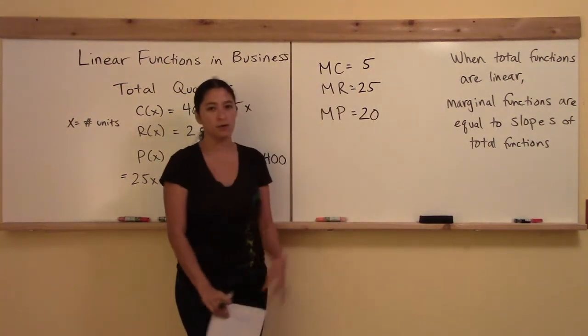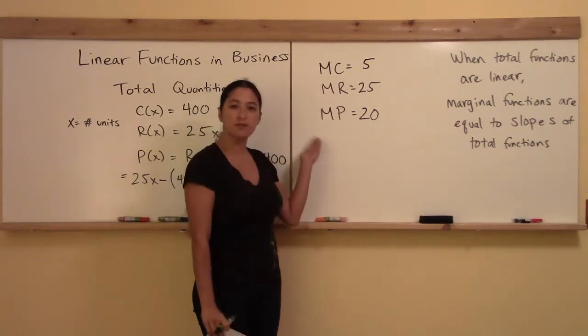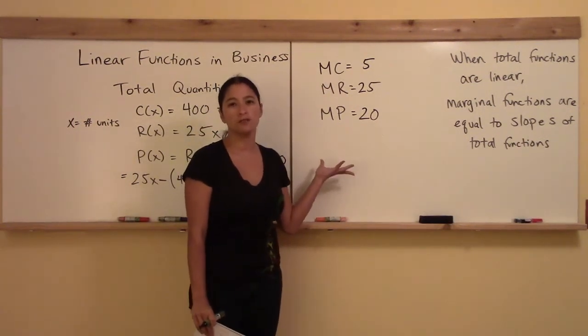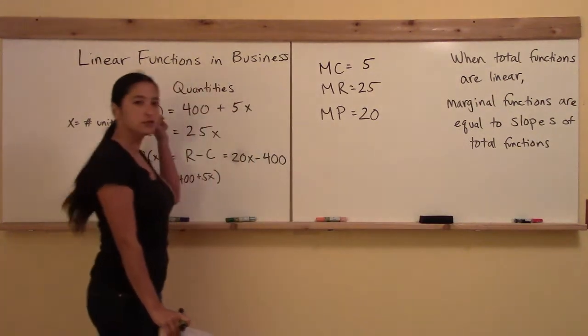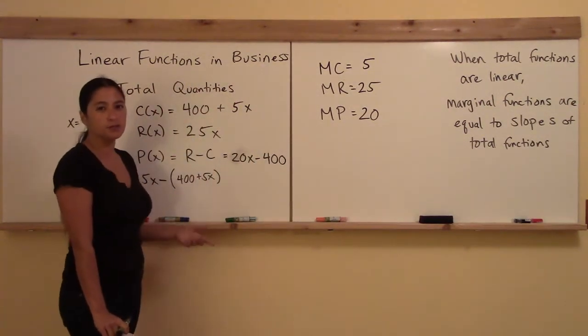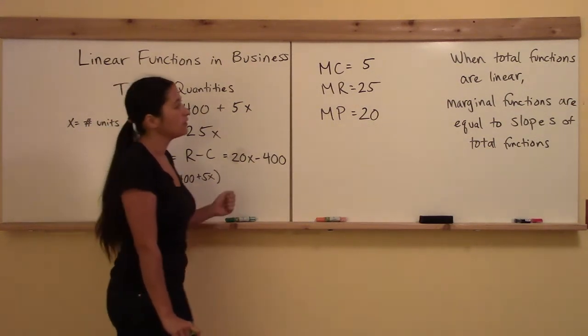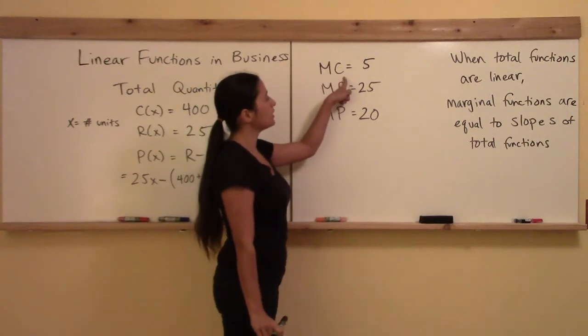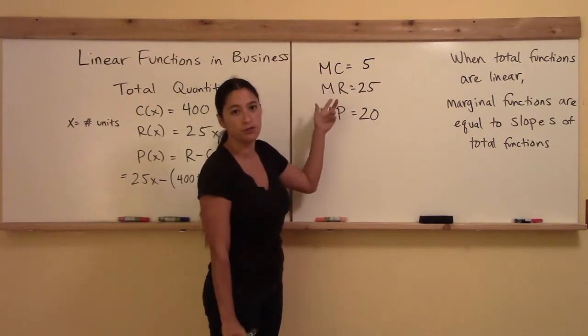And so now I won't write it down on the board, but I'll just discuss what each one of these things translates to. Because remember, marginal quantities is the amount that the total quantity is going to change when I increase my unit value by 1, when I increase the x value by 1. Okay, so marginal cost, it costs me $5 for each additional book that I'm going to produce.